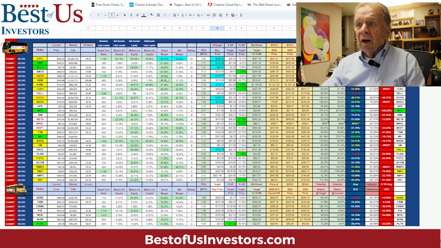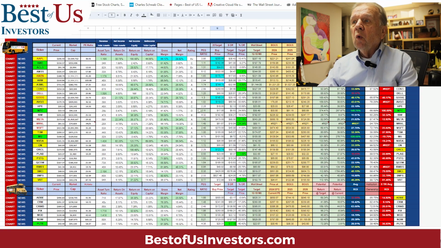That its gross margins are 48 and its net margins are 7.35 compared to Google's, which are 44 and 29. Do you want that information, or do you want, where should I buy it, and what is it going to be worth on January the 1st, 2027?